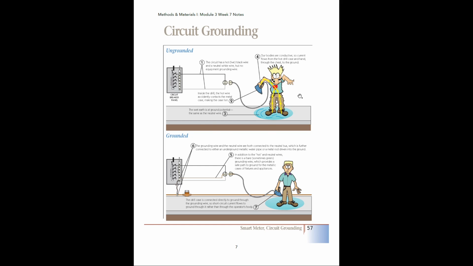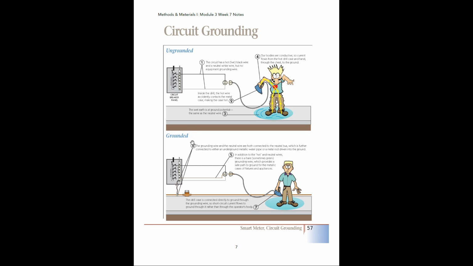And it's always trying to find the ground. So an electrical current is always trying to find its way down to the ground, okay? So you can see here, the hot wire accidentally contacts the metal case of the drill. Then when it touches that metal case, it's sending that current through the person's body down to the ground. It's using the person as a conductor, and that's going to electrocute them, okay?